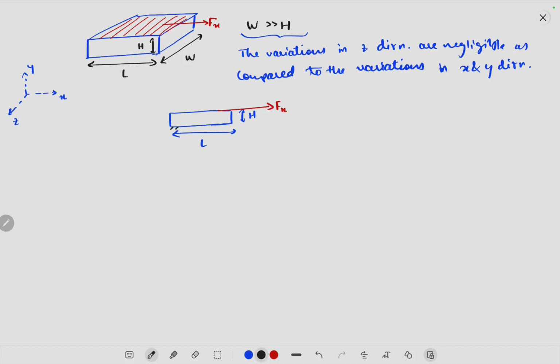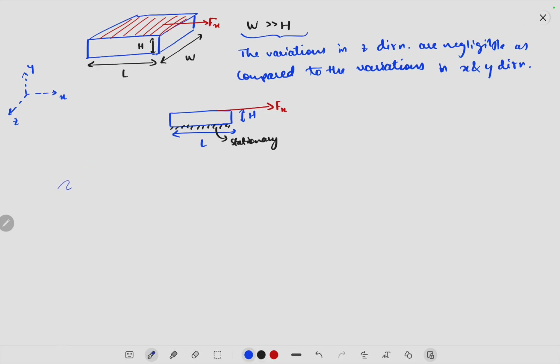The bottom surface is kept stationary. Now let's understand what will happen to this solid when this Fx is continuously applied on this surface with the lower surface kept stationary.